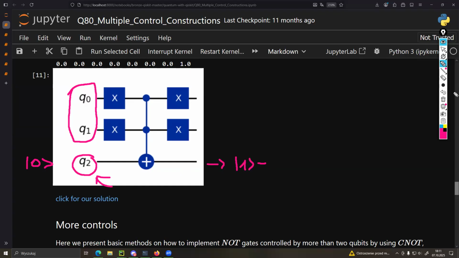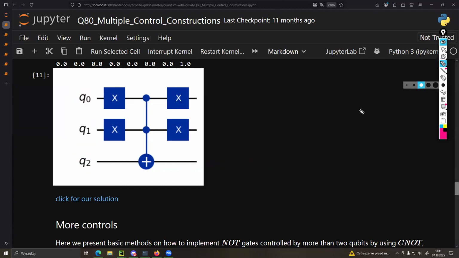So if I want to then, for example, apply 100 other gates, and then I want to reuse this qubit, well, I cannot reuse it because now there is a 1. So how to deal with this?